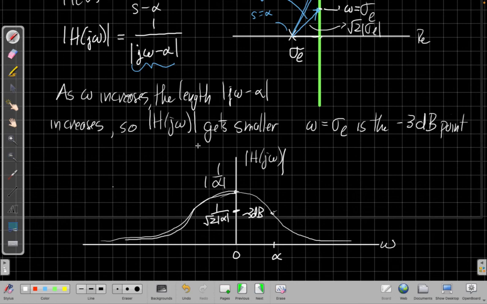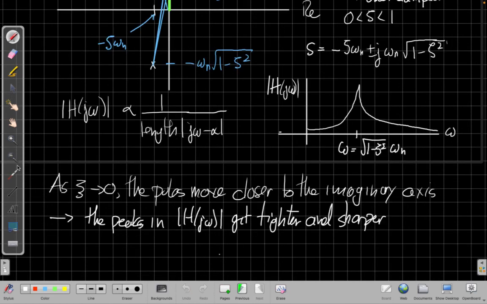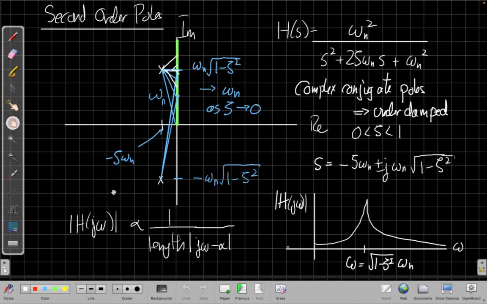Again, this will get sharper if the pole gets closer and closer to the origin, but it will get sharper at 0, whereas for the second order, or anything that gives me a complex conjugate pole away from the axis, I'll have a pole up here, and the spike will be at a frequency that's not 0. So by thinking about the length of these vectors, when I'm very near a pole, it will have a strong impact pushing things up.